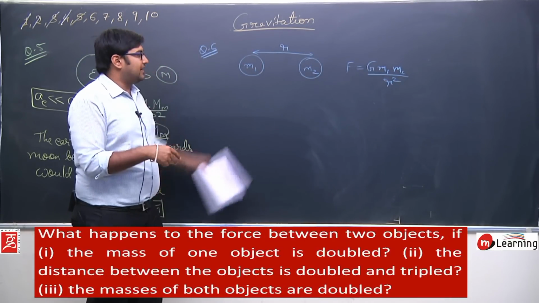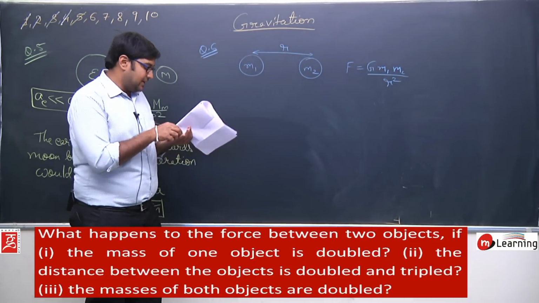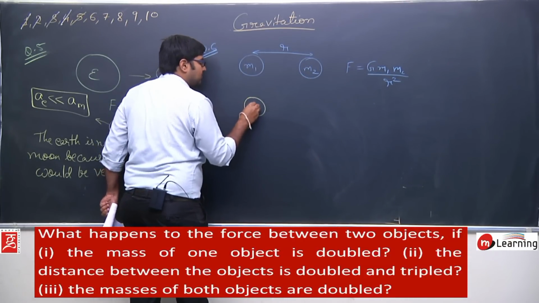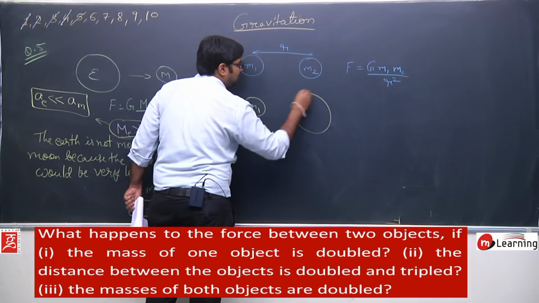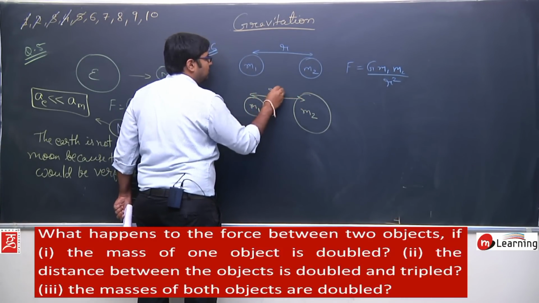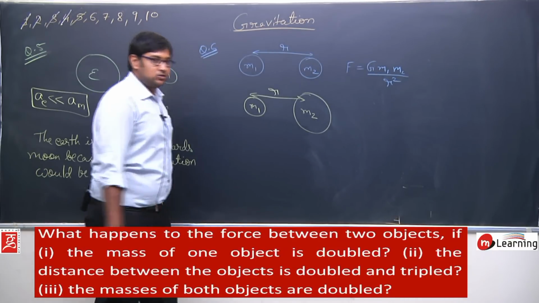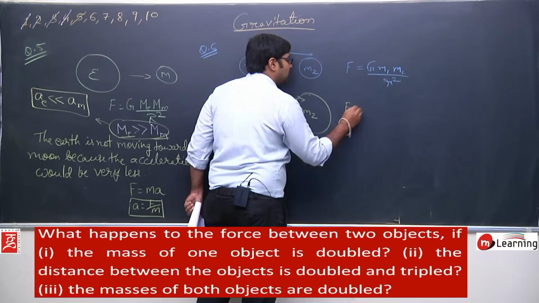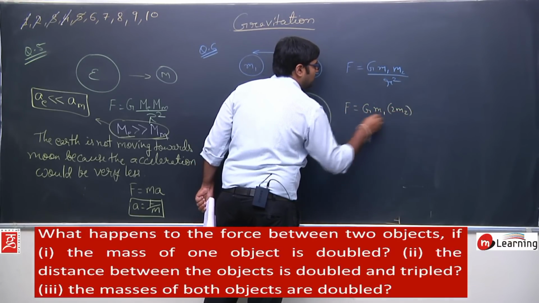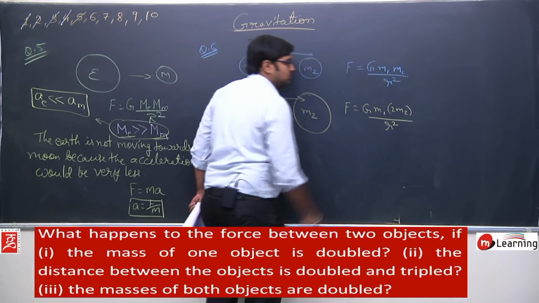Now what will happen if I double any one of the masses? Let us say I double this m2 mass. This is my m1 and this becomes 2 m2, and the distance between them remains r. So the force will become G times m1 into 2m2 upon r square.